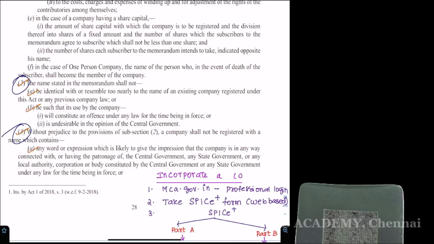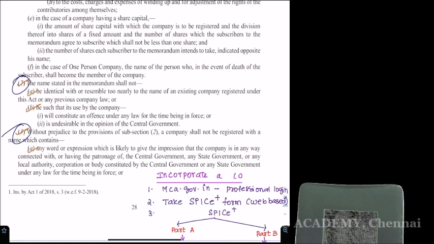The Central Government will check whether it is similar or identical, offensive, or undesirable. These 3 will be checked by whom? I made the application separately; SPICe will be checked by MCA, so separately I need not apply to the CG. But here the company is already incorporated. Clear? Now I am applying for a change in the name clause in the memorandum. Will it be applied in the SPICe form? No, there is a separate form for that.